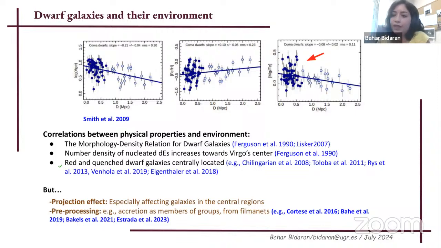Or in filaments, in galaxy groups, this can happen. So this is the question that I'm now focused on, and for this I'm collaborating with the CAVITY team, with the SDSS data, with the DECaLS data. These are the surveys that at the moment, because they provide statistics, I'm currently working with. Hopefully in future things will be better with Euclid. So let's hope for a better future for dwarfs.